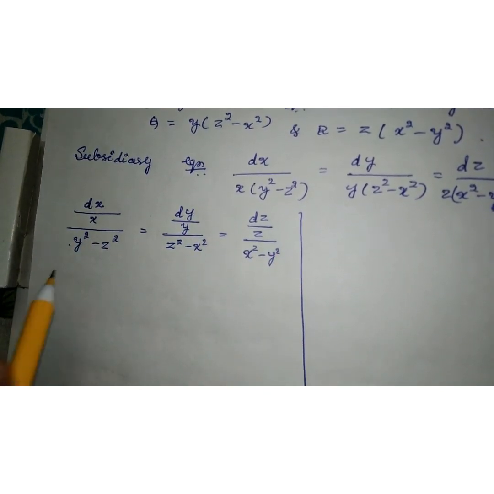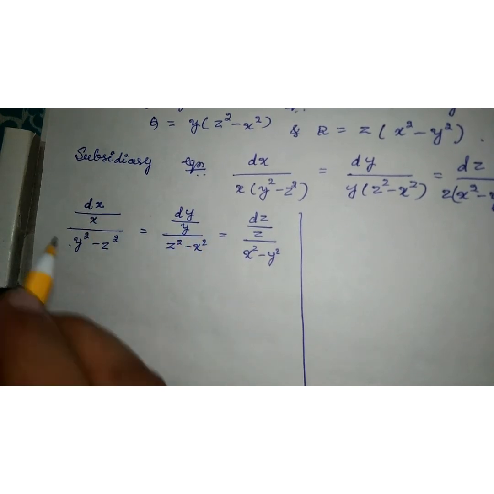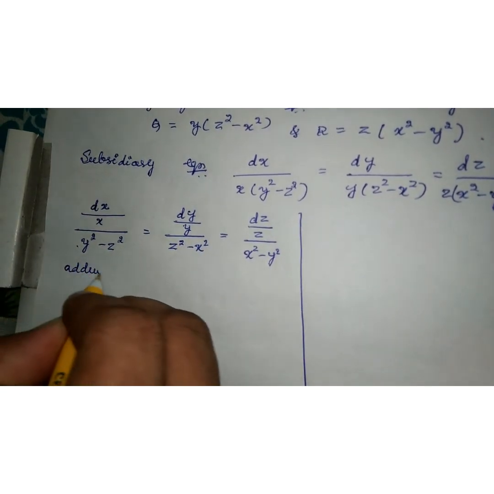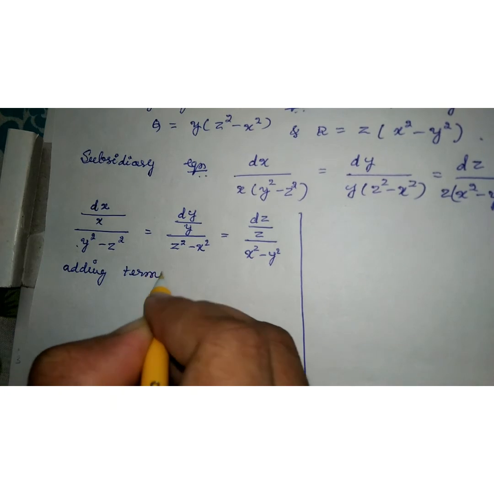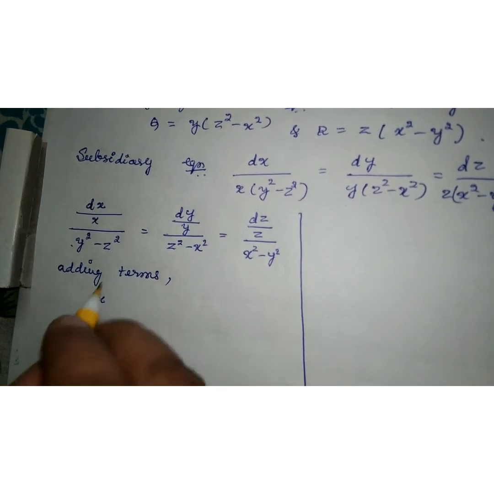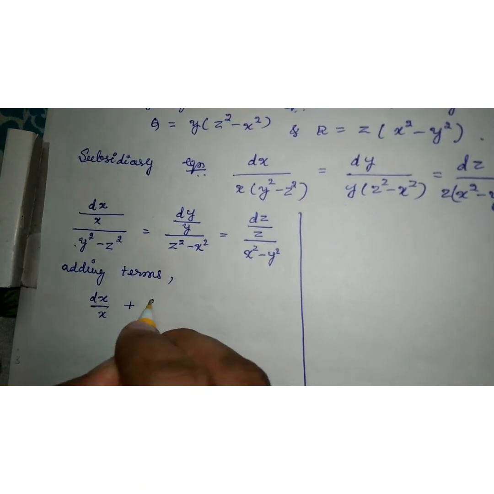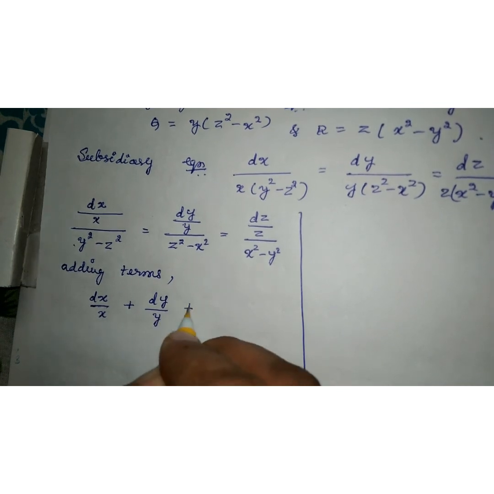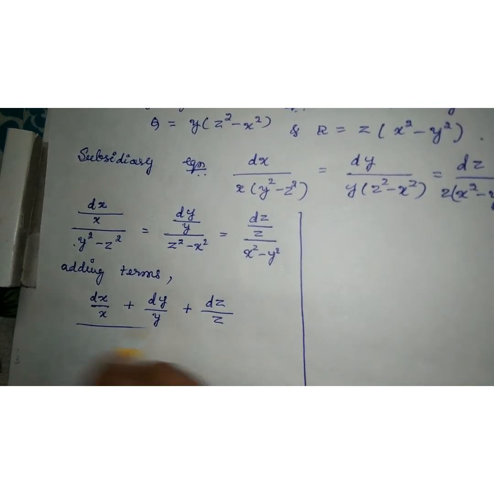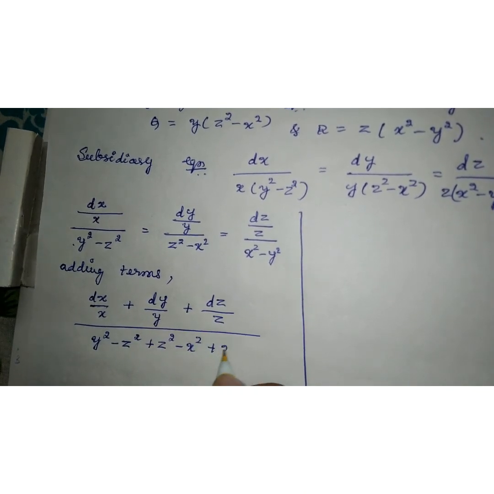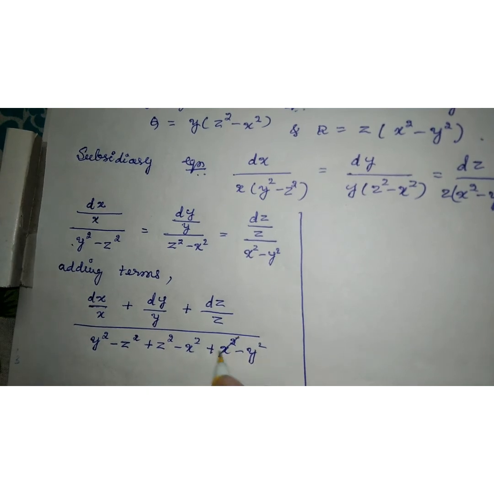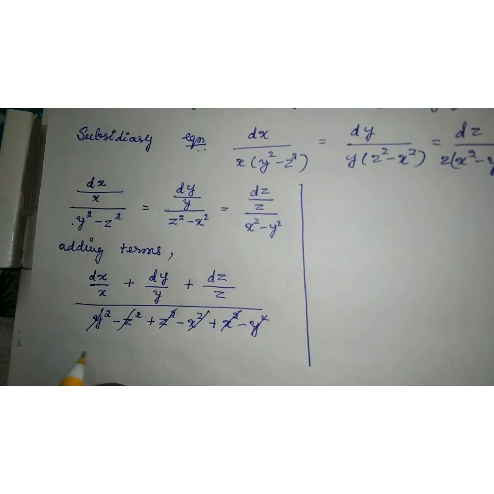Now look at this. If I add all the terms, I get dx by x plus dy by y plus dz by z divided by y square minus z square plus z square minus x square plus x square minus y square. Here all the terms in the denominator get cancelled, so the denominator becomes 0.